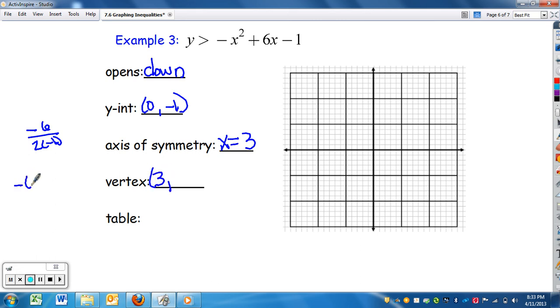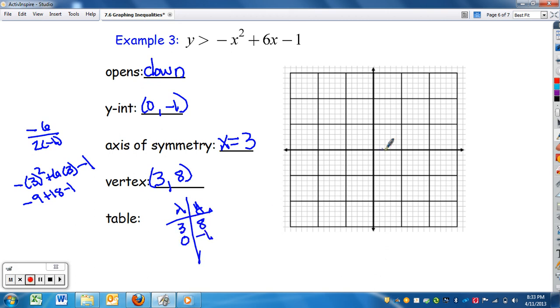I'm going to plug in, so I get negative 3 squared plus 6 times 3 minus 1. That's negative 9 plus 18 minus 1. 9 minus 1 is 8. Table of values: (3, 8), (0, negative 1). (3, 8), and that's my middle.